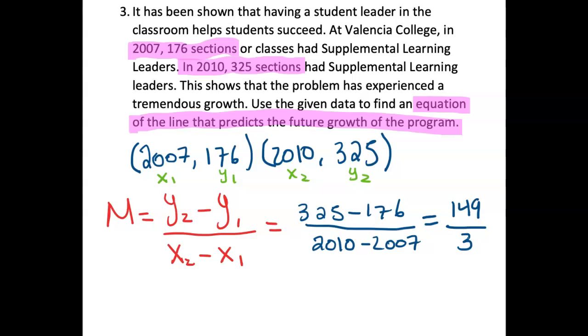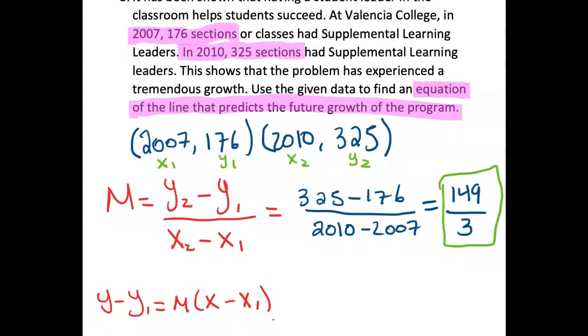Then I don't think 149 divides by 3, but let's try it. No, it does not. So that will be our slope. Now that we have the slope, using the point-slope formula, we're going to write the equation of the line.